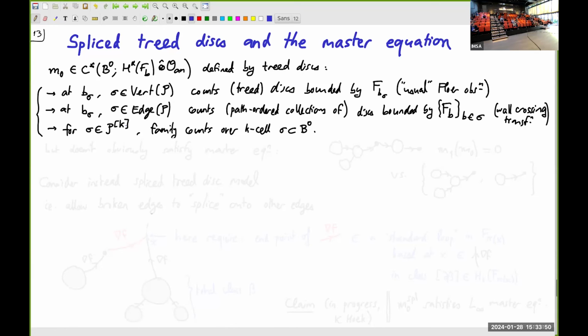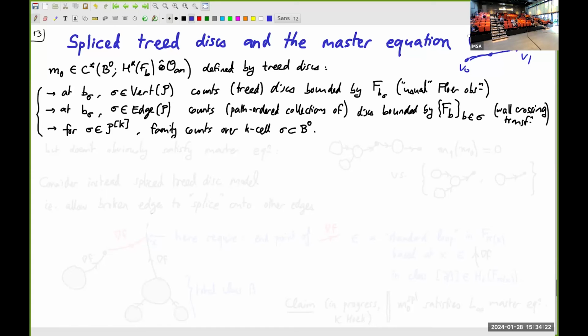And then for an edge of a subdivision, so if I have two vertices, and I have an edge and I have a saddle point here, then the contribution, the coefficient of m0 at that saddle point will come from gradient flow trees that live over one or the other half of the edge only. And so that means we'll be counting collections of holomorphic disks that happen somewhere along this edge, together with a flow line bringing it to the saddle.